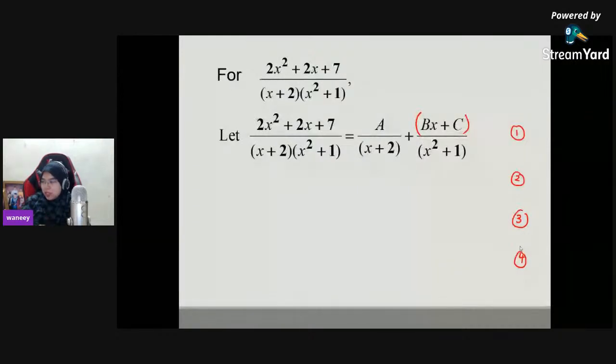Ni nampak lebih kurang. So, is B positive 1/5 or negative 1/5?